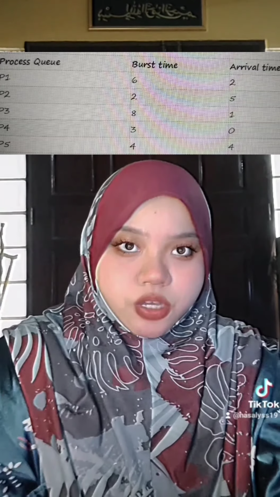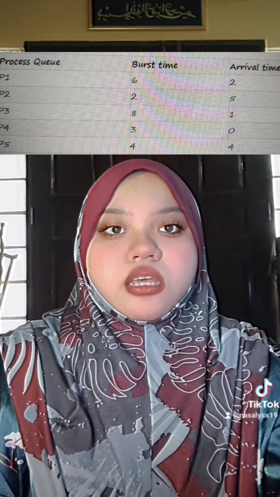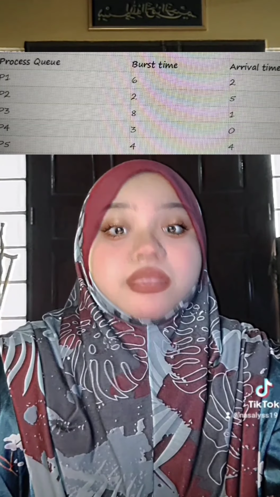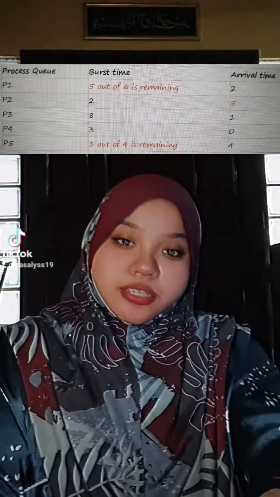Process P5 is executed because its burst time is the lowest. P1 is preempted, so as you can see, P1 has 5 out of 6 remaining, and P5 has 3 out of 4 remaining.